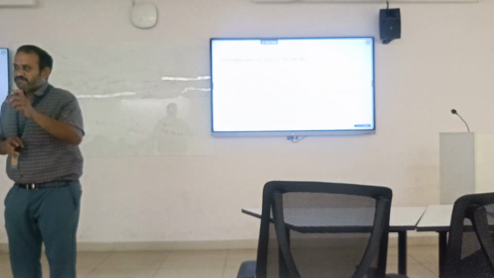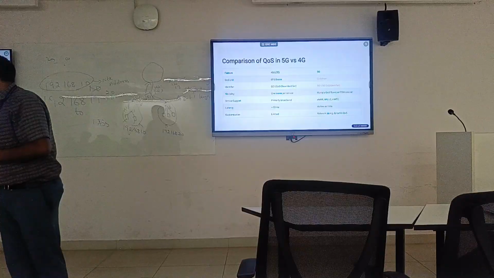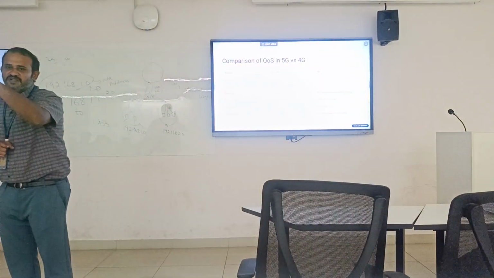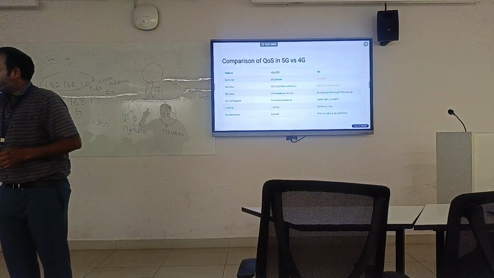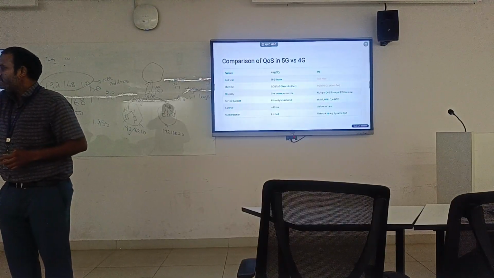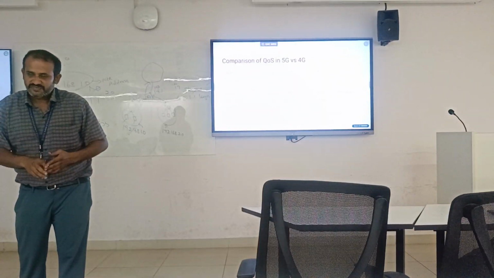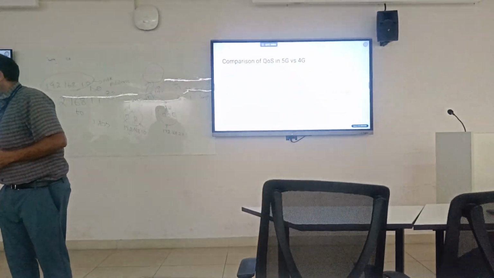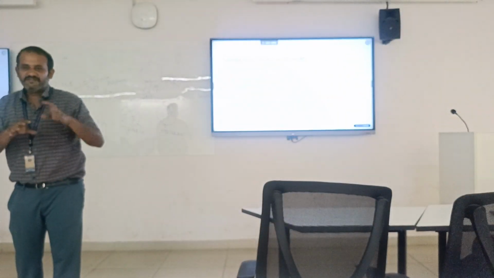That means if I want to send one packet and that packet is a voice call, your QoS 1 will be identified. So 1 is identified and it will be sent from your user equipment. Next, suppose I give the value as 2. A value of 2 means automatically your internet data will be focused.